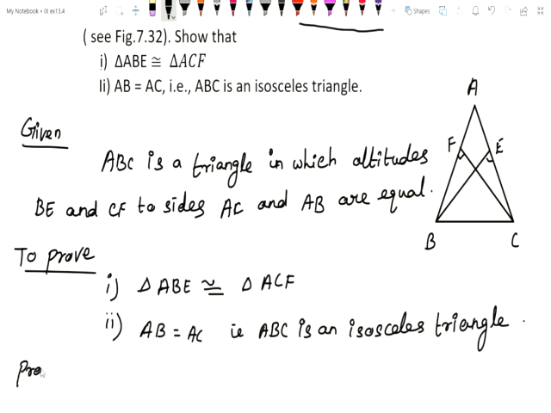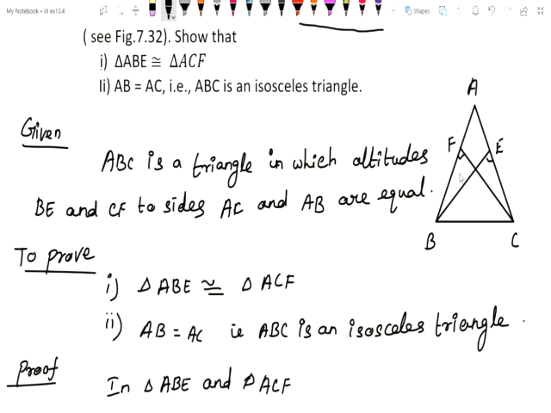Proof. In triangle ABE and triangle ACF. Look here, in this ABE, this triangle, and ACF.